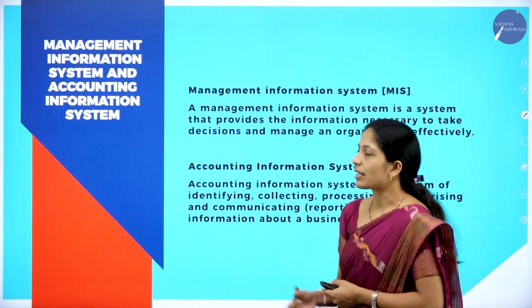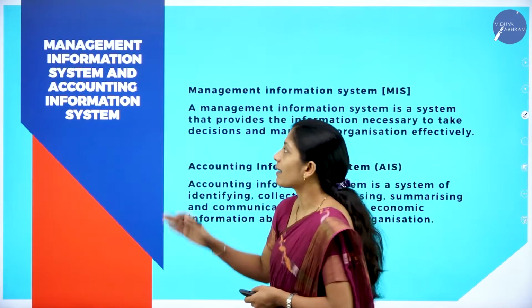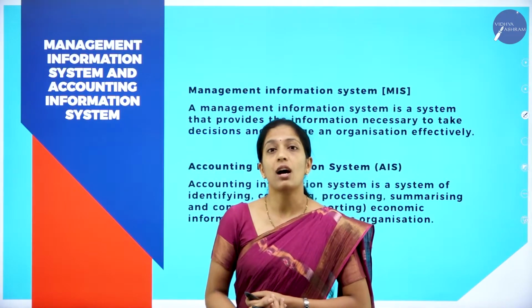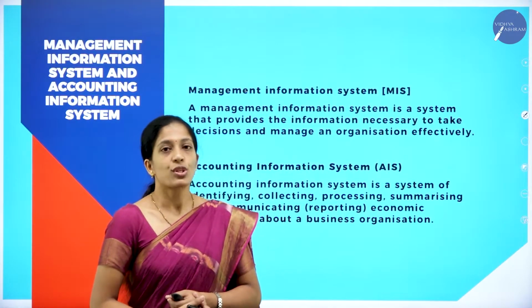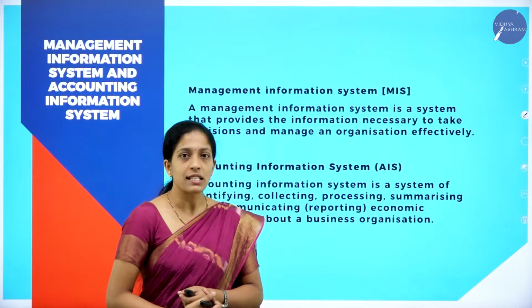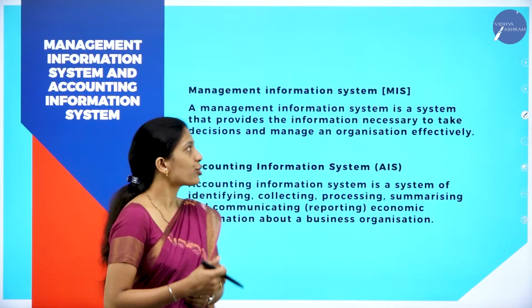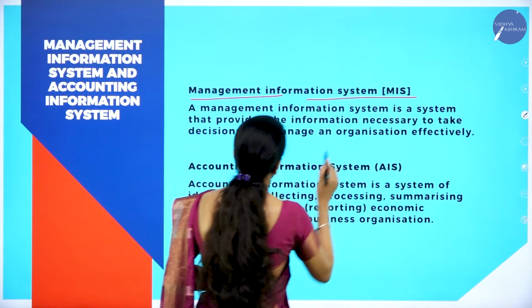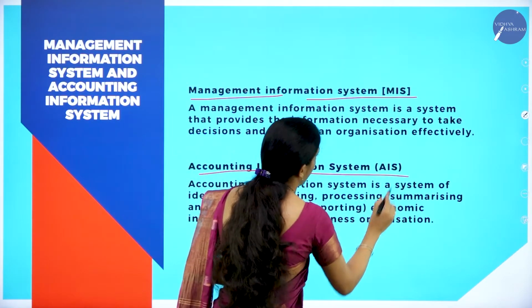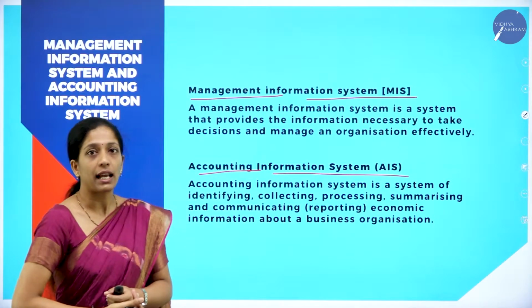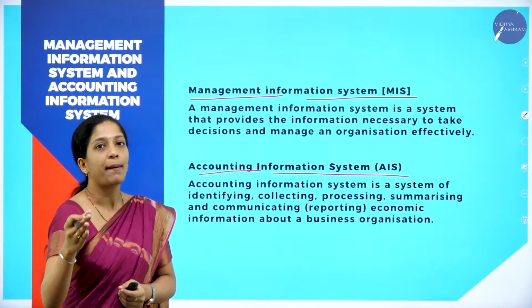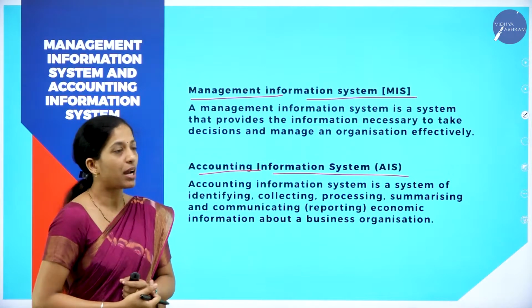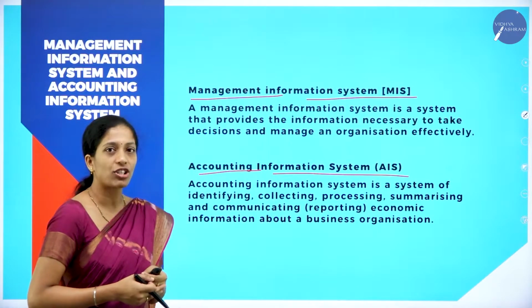Now coming to the next concept, that is management information system and accounting information system. We call it MIS and AIS. Here also you can expect the question, expand MIS. What is MIS? Management Information System.